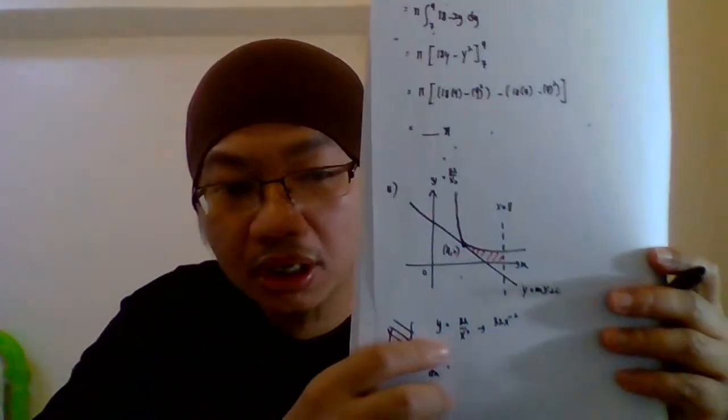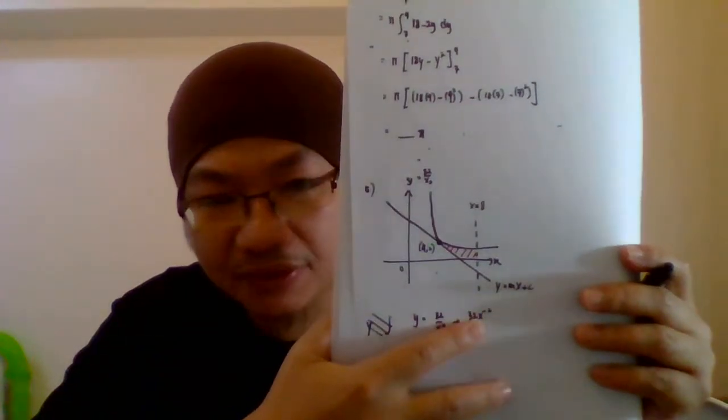Now what we need to do is, since y is given, y equals 32 over x squared, try to find dy/dx. To find dy/dx, make sure your x squared is brought up to the top, so it becomes 32 x to the power of negative 2.